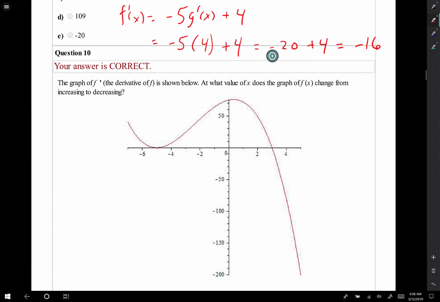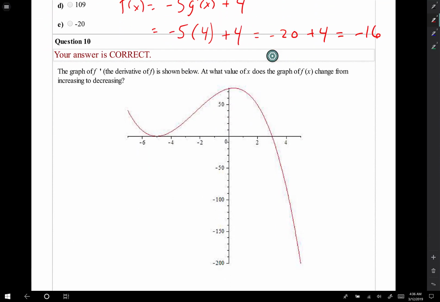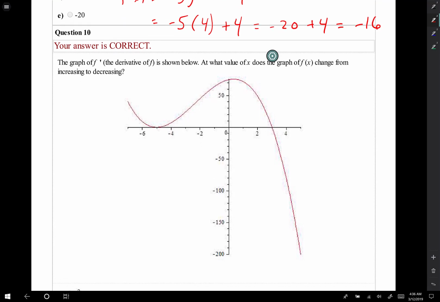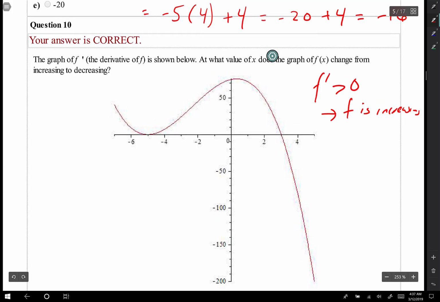All right, let's see here. The graph of f prime, the derivative of f, is shown below. At what value of x does the graph of f of x change from increasing to decreasing? All right, if f prime is positive, this means f is increasing. If f prime is negative, that means f is decreasing.